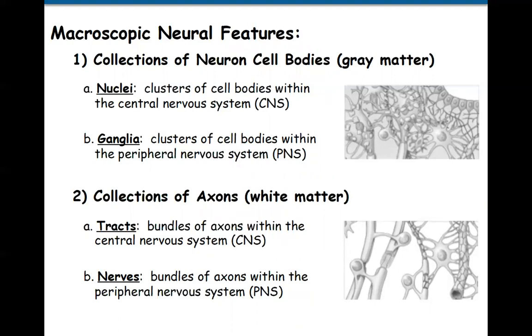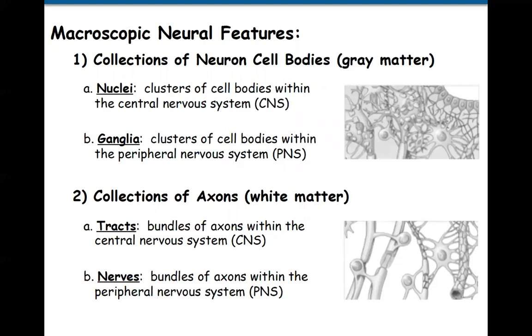So within the central nervous system, the gray matter is called nuclei. So wherever you find clusters of cell bodies within the central nervous system, those are nuclei. And when they're found in the peripheral nervous system, then these clusters of cell bodies are called ganglia. Remember that these appear gray because of the inclusions and Nissl bodies within the soma, the cell bodies of the neurons.